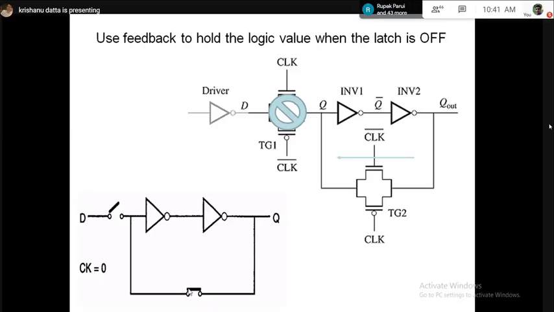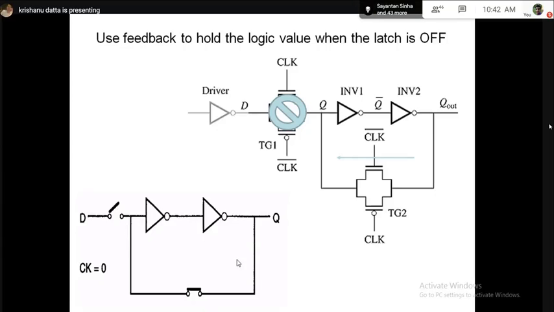But now since the feedback switch is closed, these two inverters are now acting like a back-to-back inverter, which is a basic memory element. So it is holding the data. As a result, this circuit is working very well to protect against noise. Since the input data is cut off, absolutely no problem.